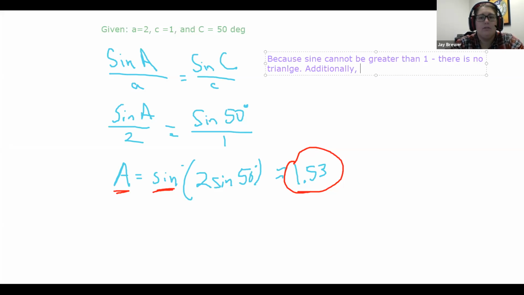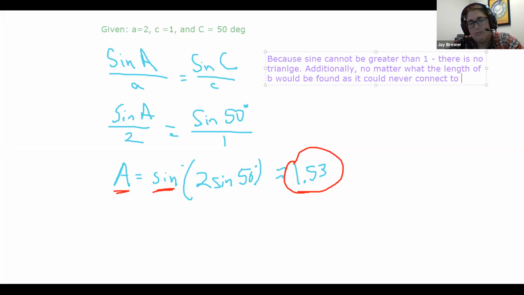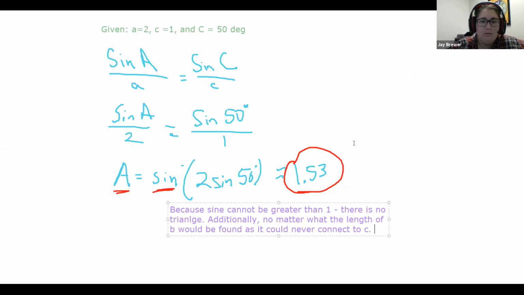Additionally, no matter what the length of b would be found as, it could never connect to C. So because of our understanding of sine, we know that triangle will not exist.